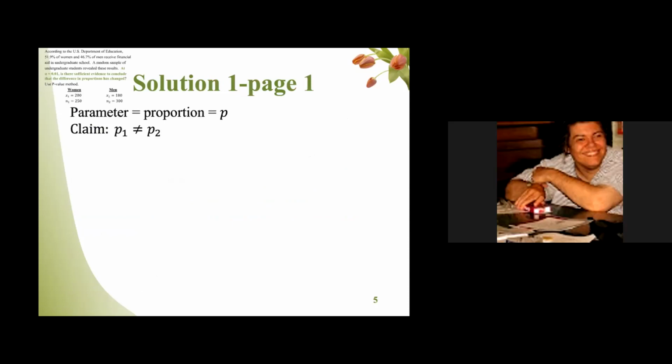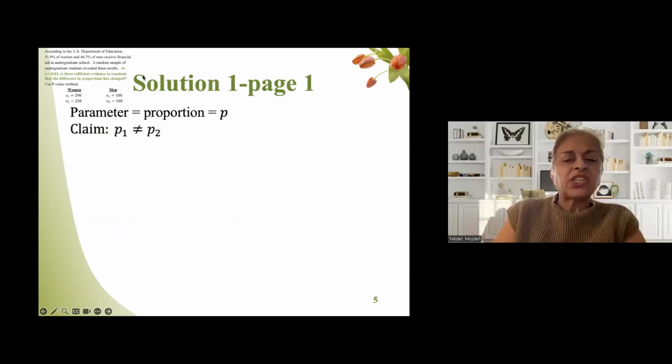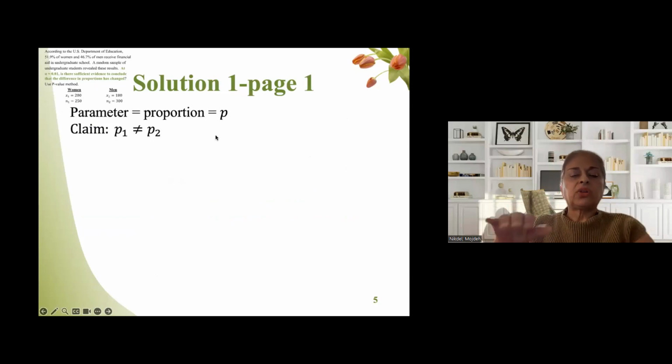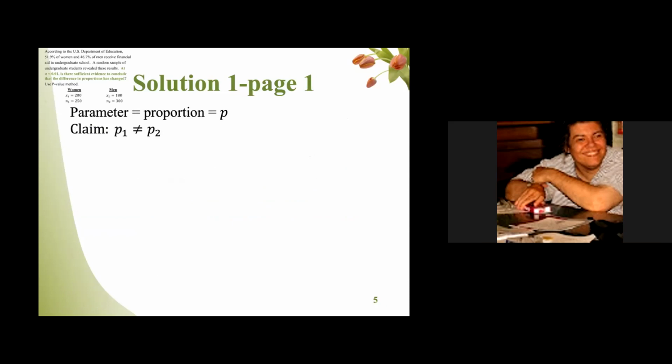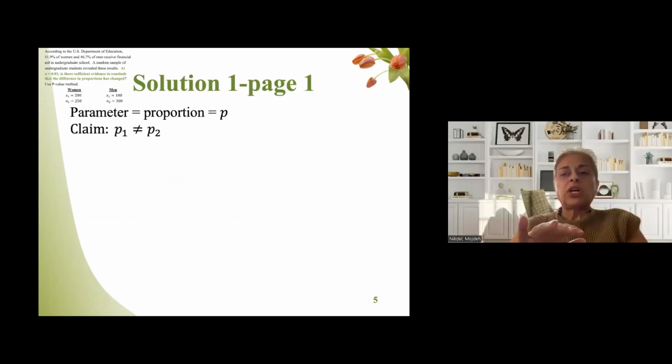Sorry, has changed means they are not equal to each other. If we didn't have the words has changed, it would not mean P1 not equal to P2. Thank you, Shona. The difference in proportion has changed. They are not equal to each other.